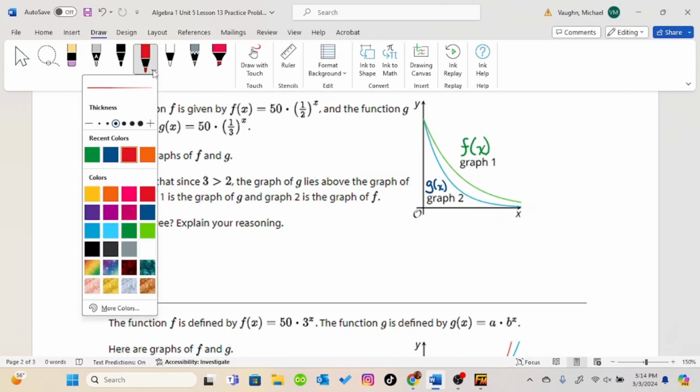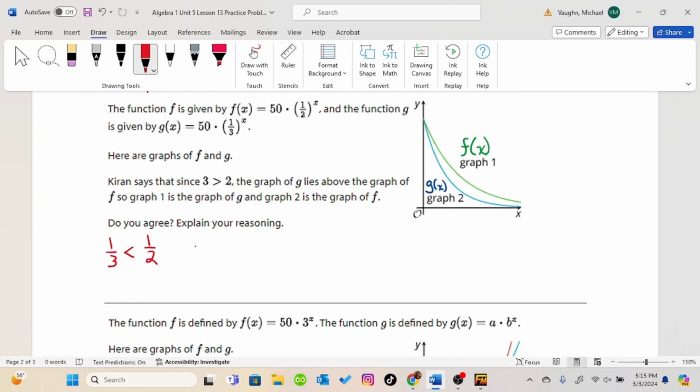So to answer their question, no, because we don't have factors of 3 and 2.